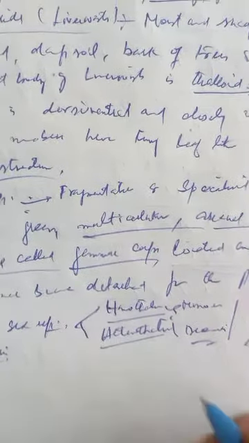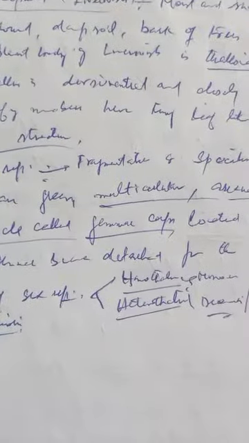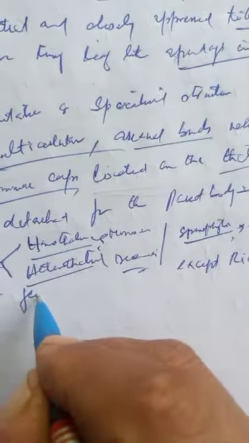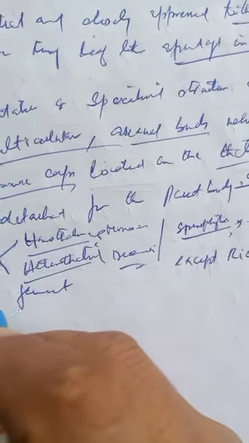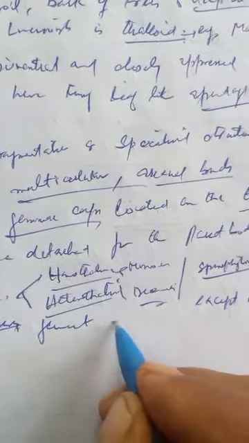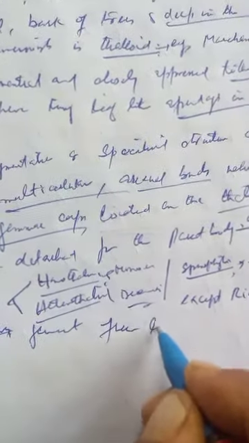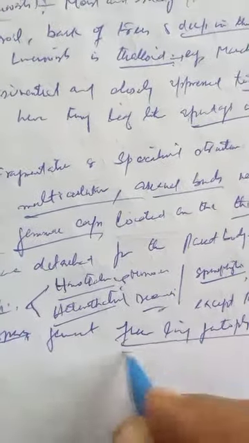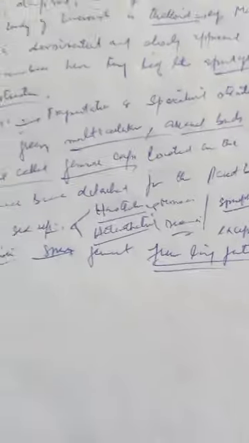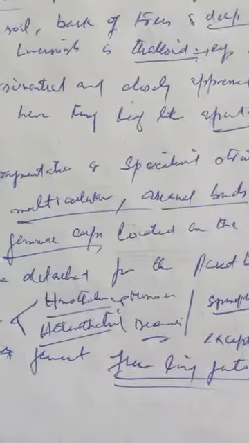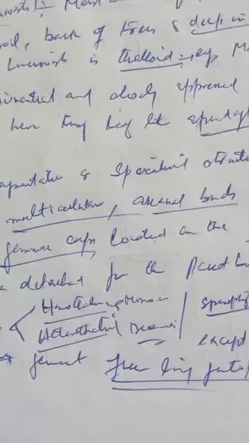In the capsule, spore mother cells undergo meiosis to produce haploid spores, which germinate to form a free living gametophyte. So the gametophyte here is independent.